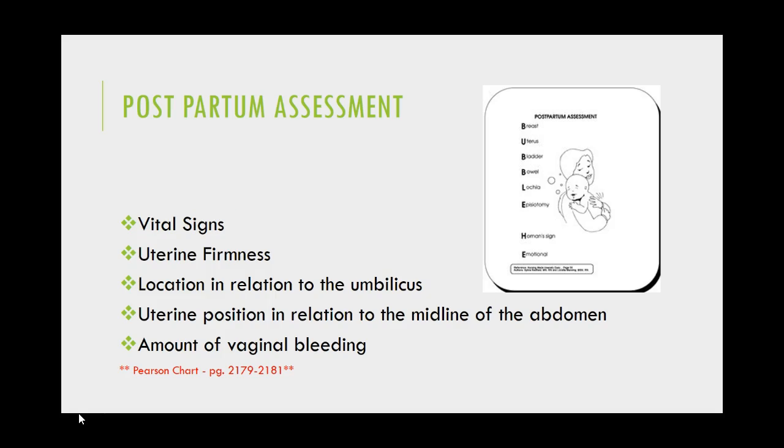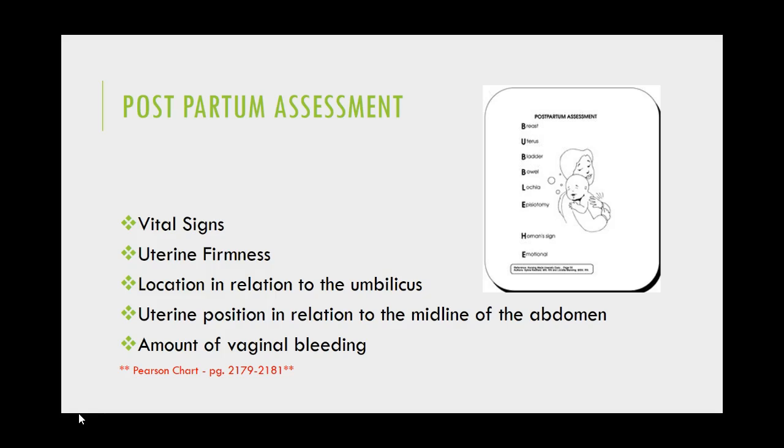So when we think about the postpartum period, the first thing that we should think about is postpartum assessment when it comes to nursing. You should be very familiar with the BUBBLE-HE postpartum focused assessment by now. We know that goes through a breast assessment, a uterine assessment, bladder, bowel, lochia, episiotomy if there is one, Homans sign, and emotional state.